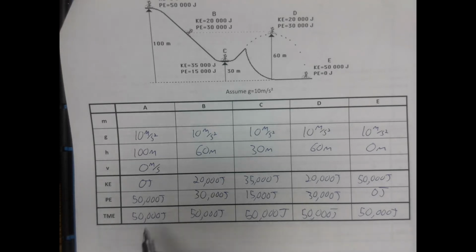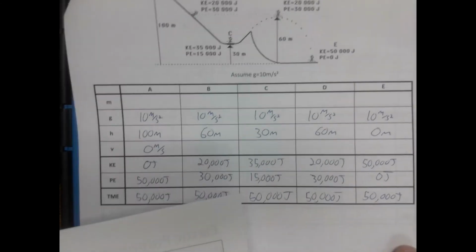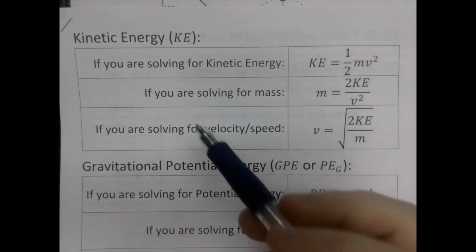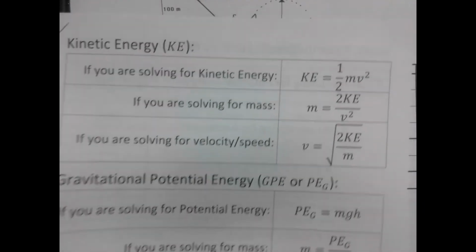Alright, so we have all of our energies. From our energies, we can get the rest. So we know mass is constant, so let's just get mass out of the way. So we have multiple formulas for mass. We can use kinetic energy to solve for mass.